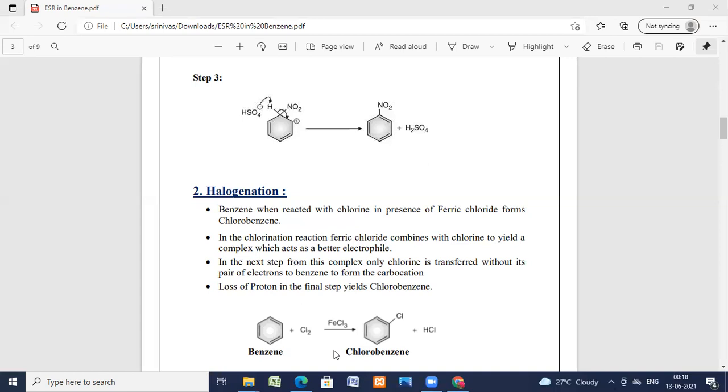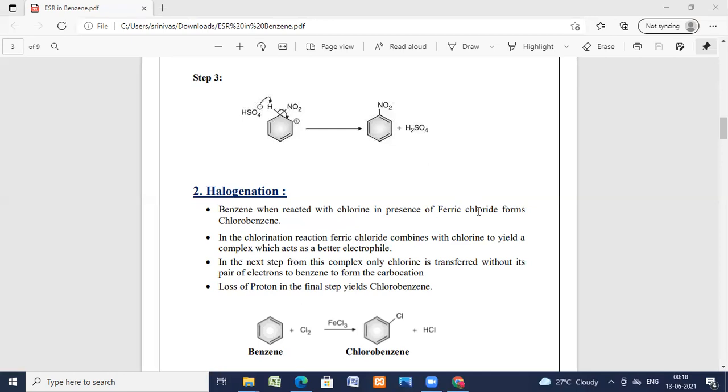The three steps: the metallic halide Lewis acid polarizes the halogen molecule and yields the electrophile halonium ion. FeCl3 plus Cl2 gives rise to FeCl4 minus plus Cl plus ion. The second step is formation of the carbonium ion, and the next one is the formation of the final product.